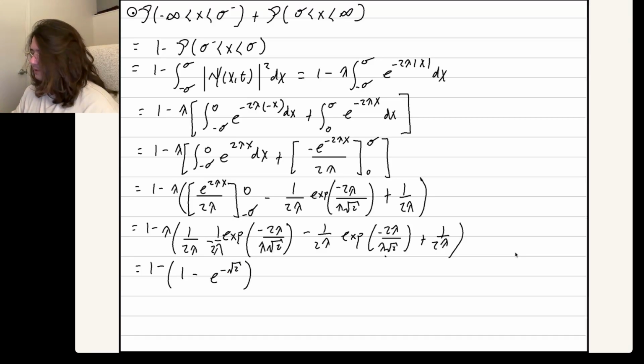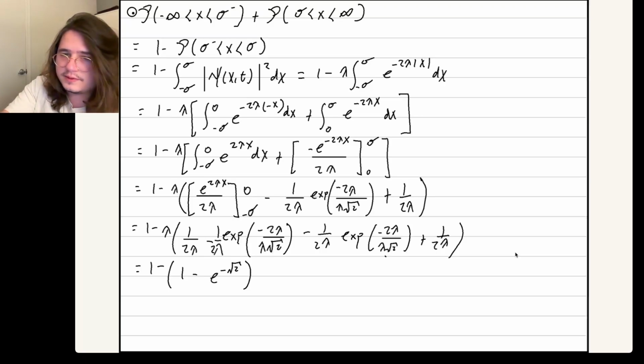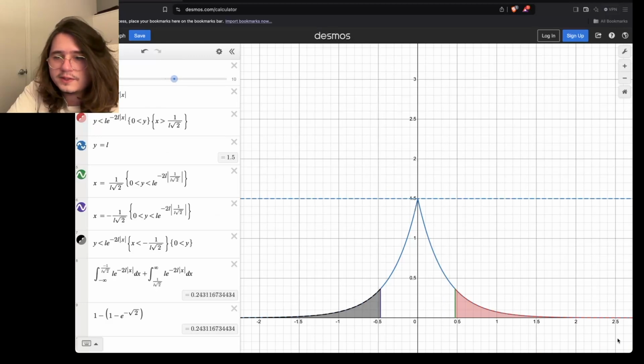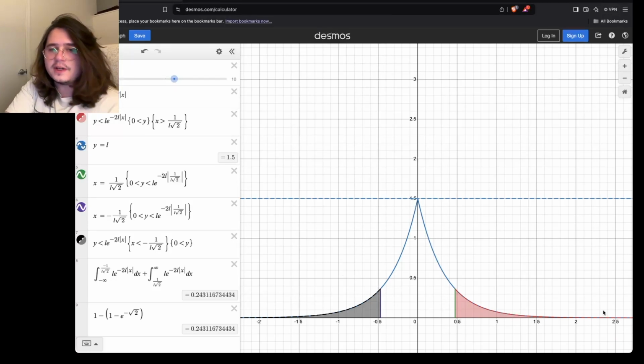What I have here now is a Desmos plot of all of the relevant quantities in this problem. So there's the wave function. Clearly not a Gaussian. It has that weird peak.